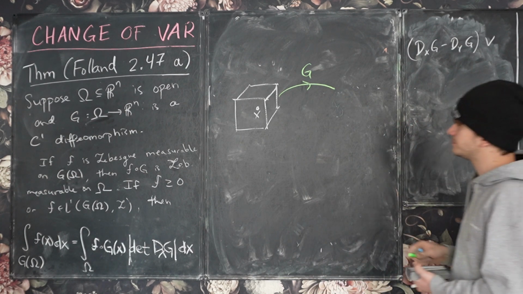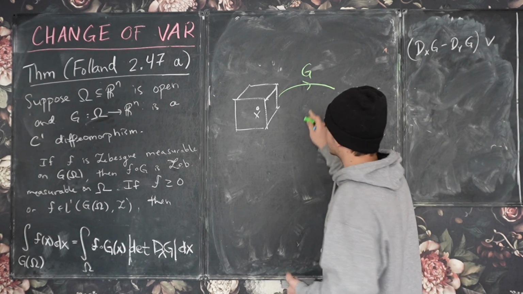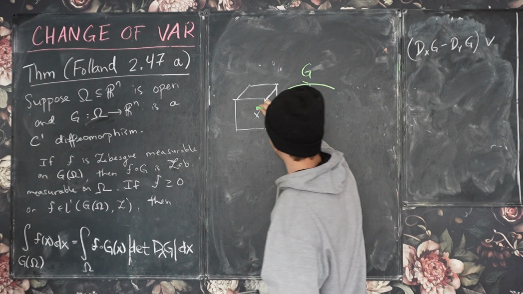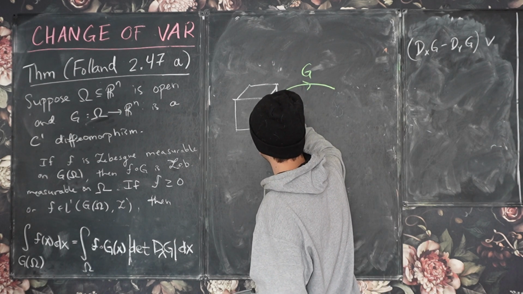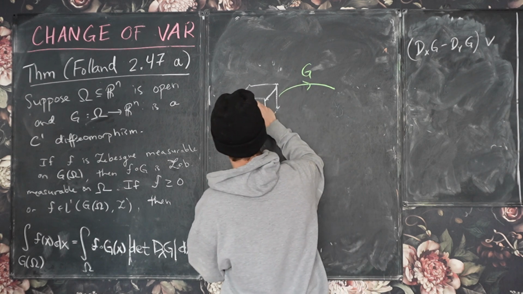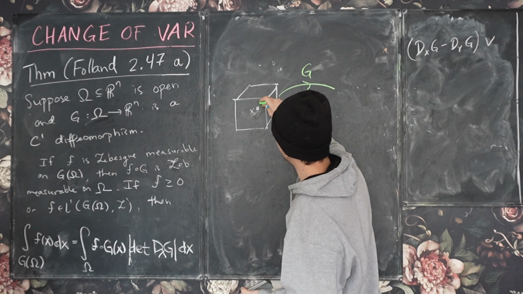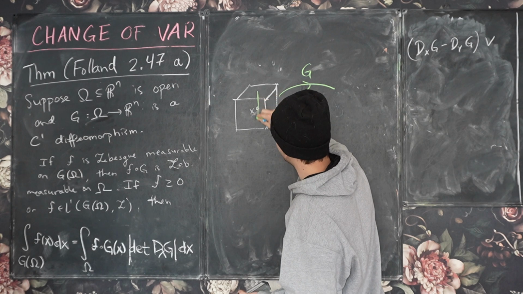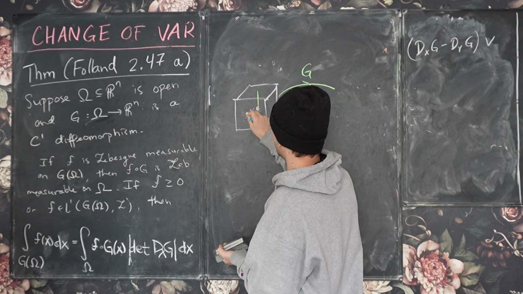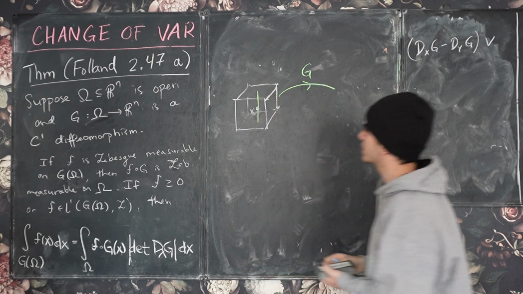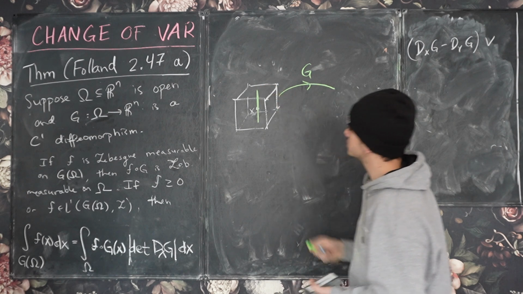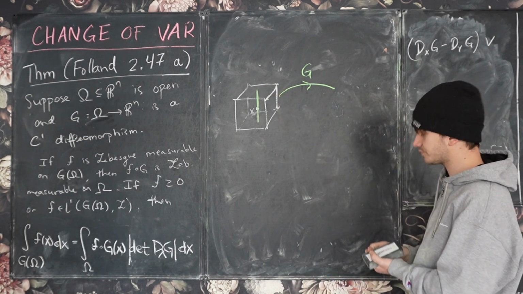However, let's think about how to figure out where g sends the cube. If I do my previous analysis like I showed you for the linear map, let's just take a line in this cube. I could take any line, but let's start off with this vertical line here, and look at where g sends this line.